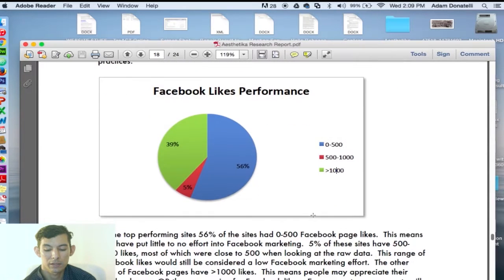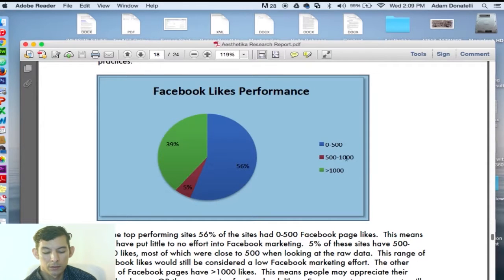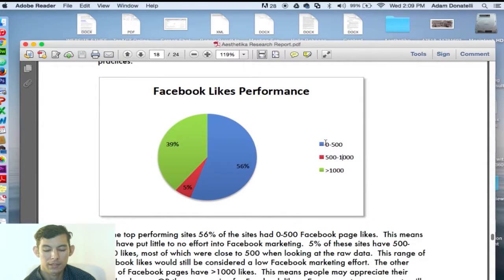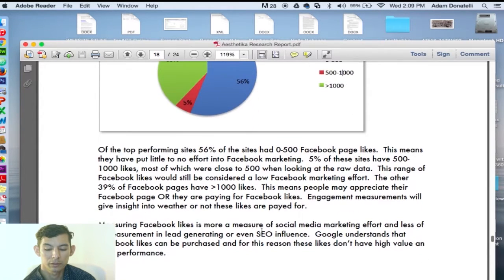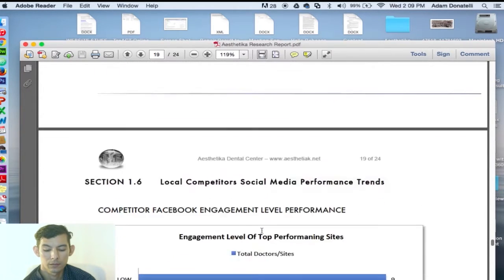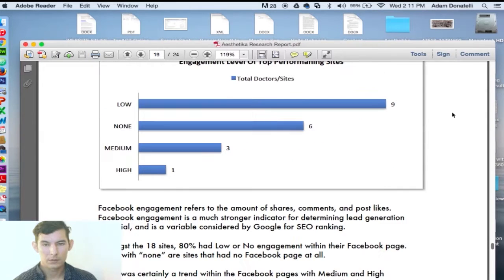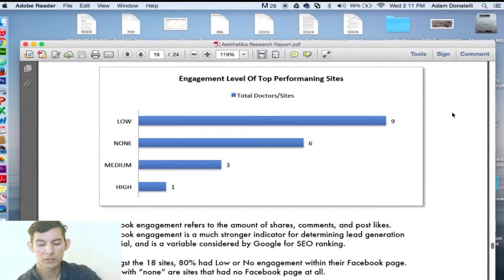These ranges here are still pretty low. Now, as I was saying, engagement is most important. So I used a scale of low, medium, and high to measure engagement.